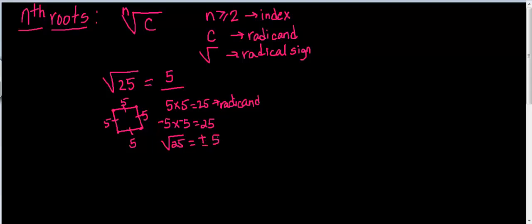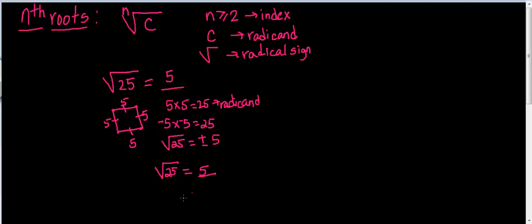Because +5 times 5 will give you 25, and -5 times -5 will also give you 25, so you have 2 solutions. But when we're taking square roots like this, we usually only want the principal square root, which is the non-negative value, or the positive square root.